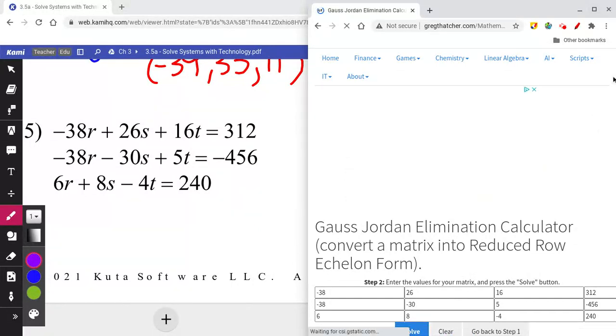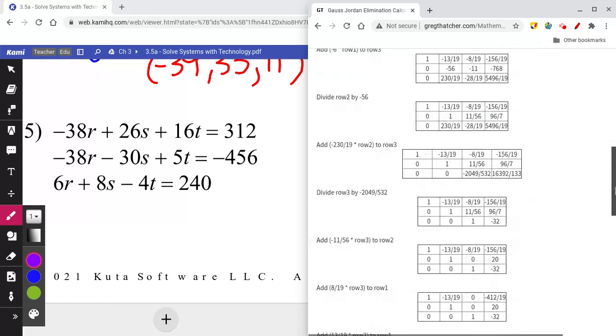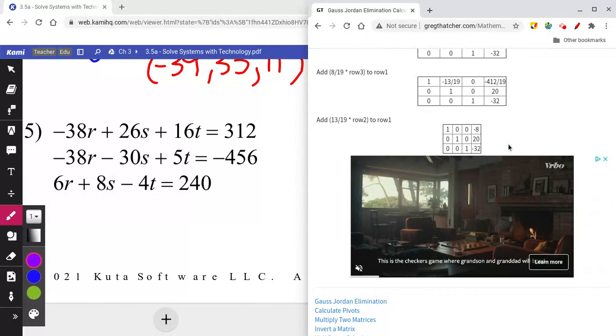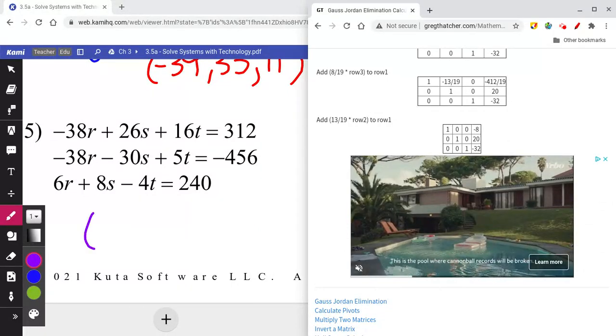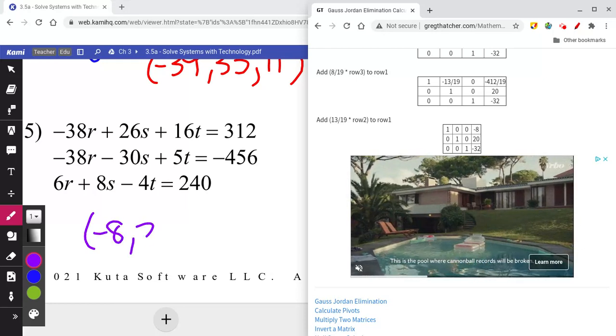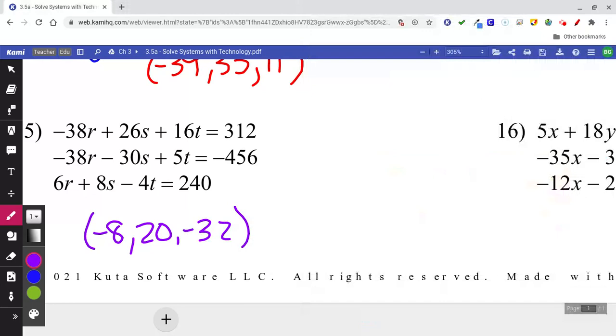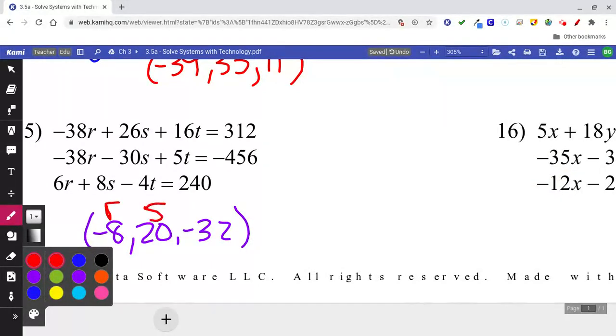There we go. Okay. Negative 8, 20, negative 32. And don't forget what we're finding. We're finding R, S, and T.